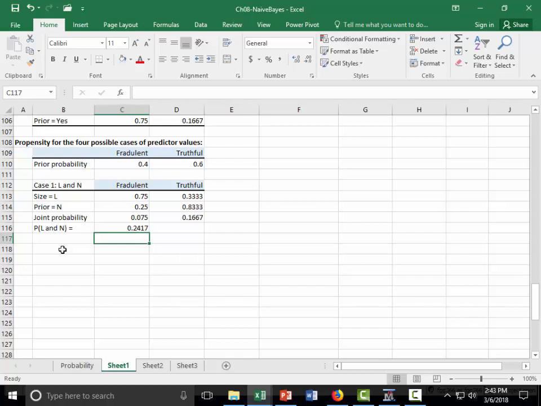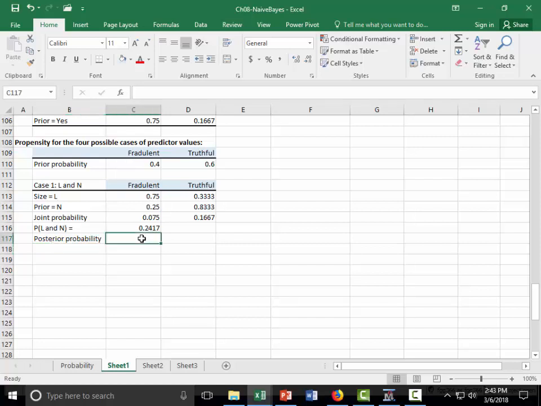The posterior probabilities, then, and this is what we have to use for classification. So same way you divide that into that.